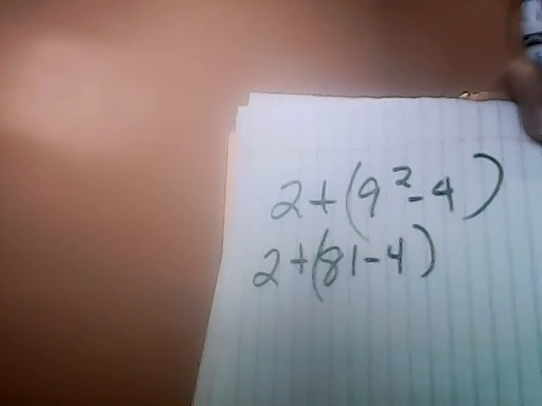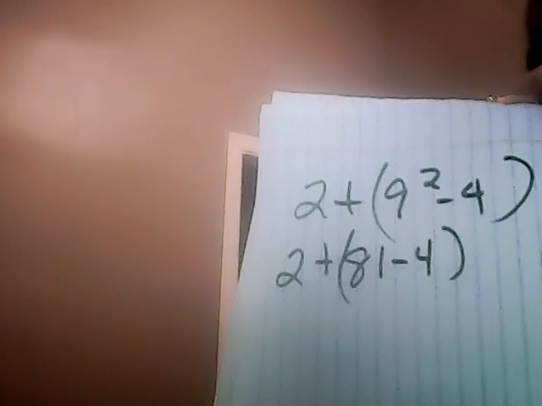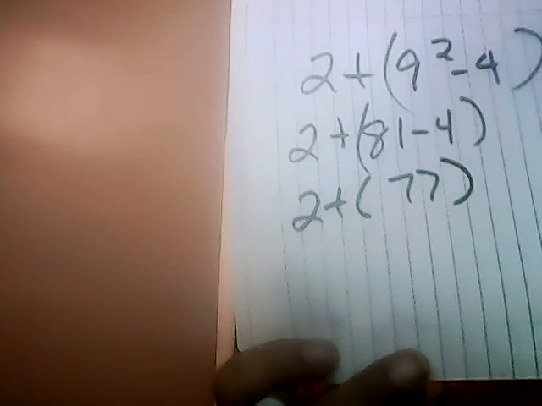Now we also have to continue with that parenthesis, so we would subtract 81 minus 4 first. Okay? 81 minus 4 is going to give us, that's right, 77.